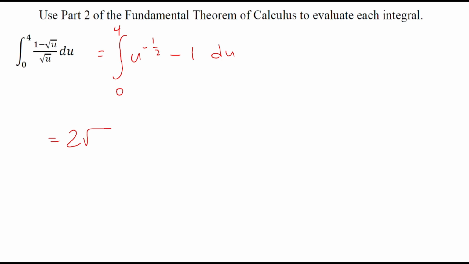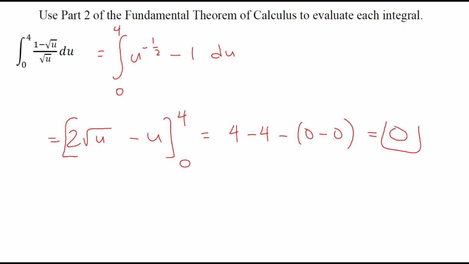So this is 2 root u minus u, evaluated from 0 to 4, which just gives us 2 times the square root of 4. 2 times 2 is 4, and then minus the 4, and then minus 0 minus 0, which all just comes out to be 0.